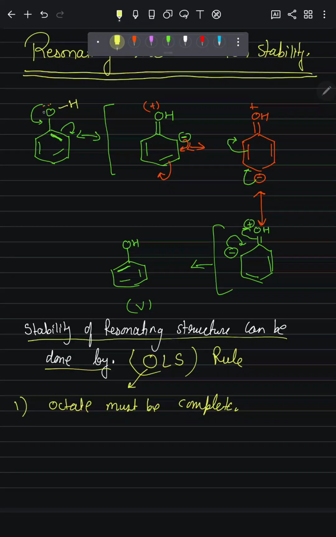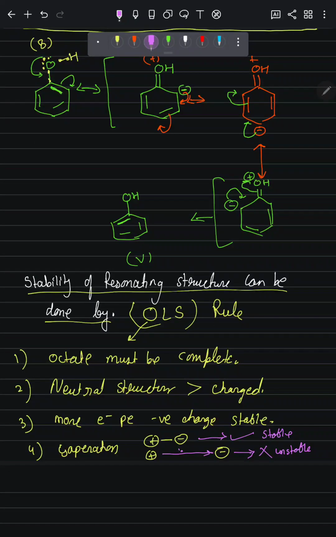Here we know that oxygen has 6 electrons. So 2 plus 2, 4, 5, 6, 7, 8. So 8, which is an octet, must be complete. This OLS rule of resonating stability is very important, and it is applied only through this sequence. So the sequence is important here.